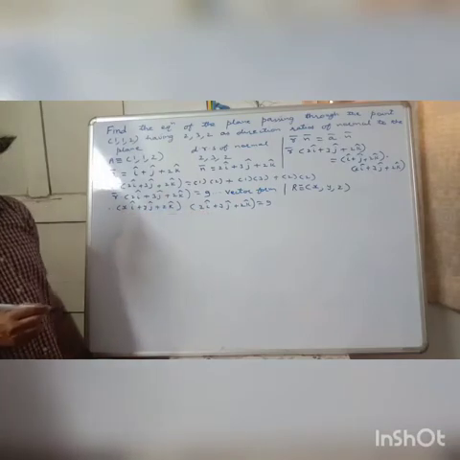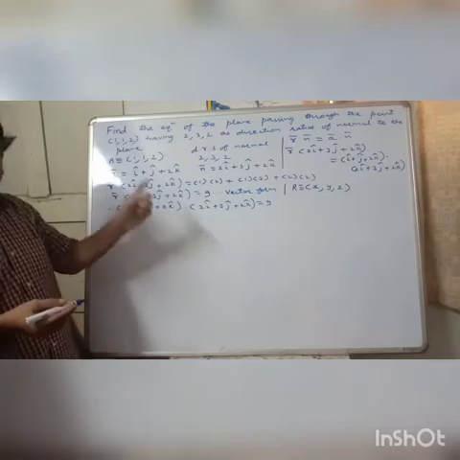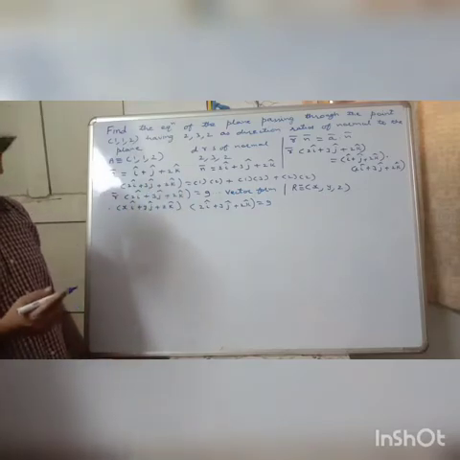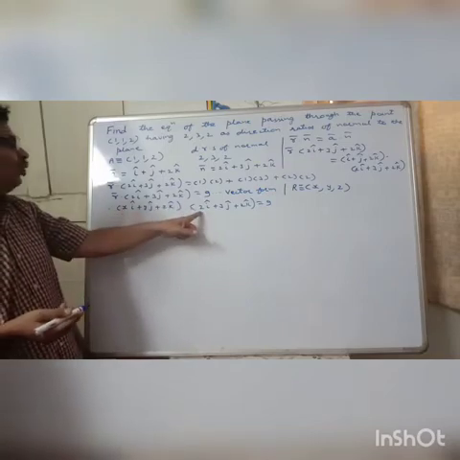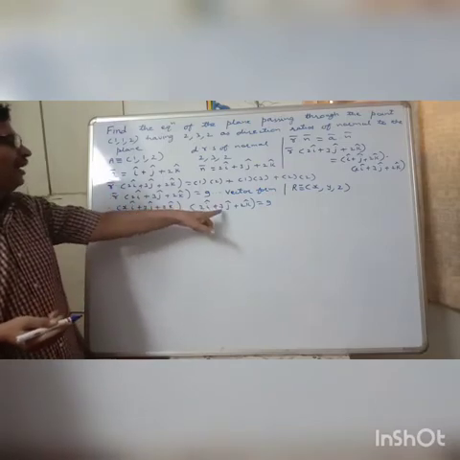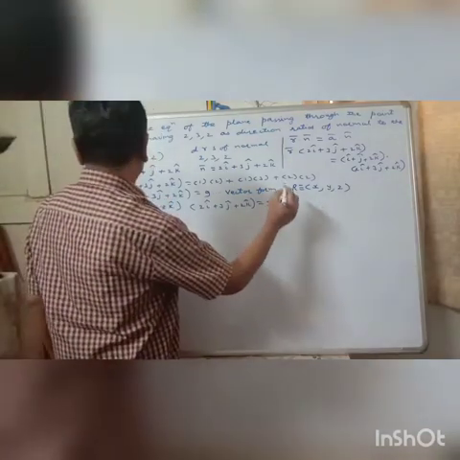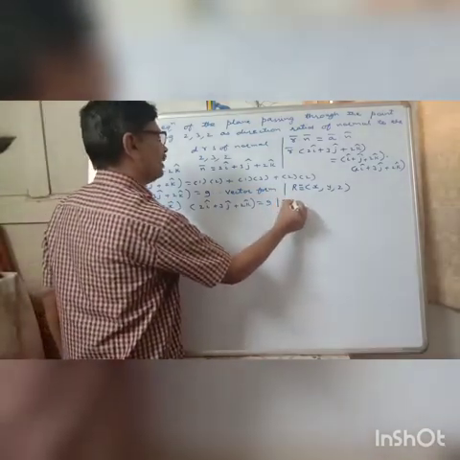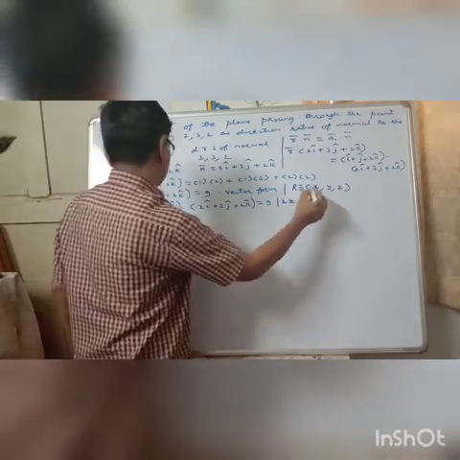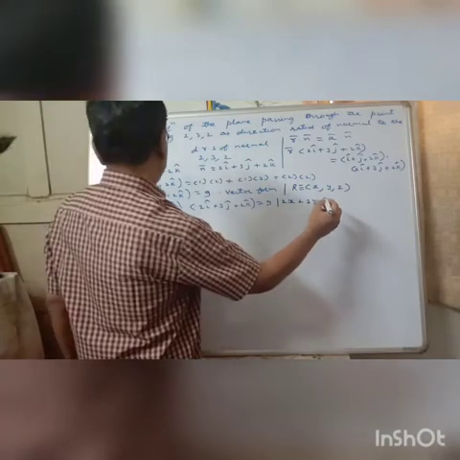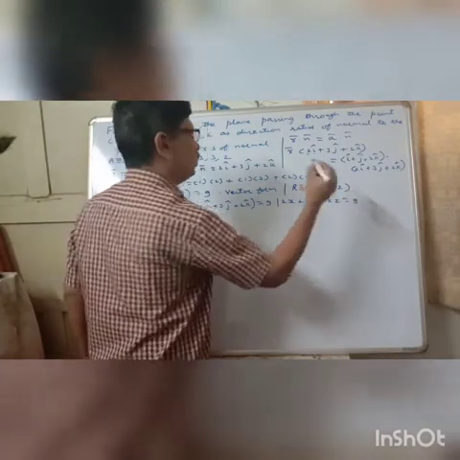Dot product of two vectors, so scalar quantity. Find sum of product of coefficients of unit vectors i, j, k: x into 2 plus y into 3 plus z into 2. So we get 2x plus 3y plus 2z equal to 9.